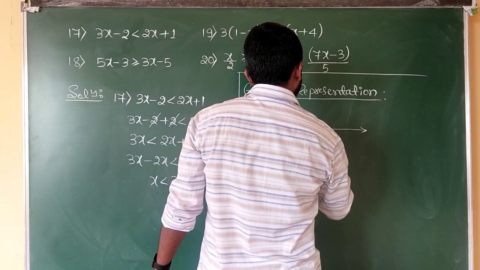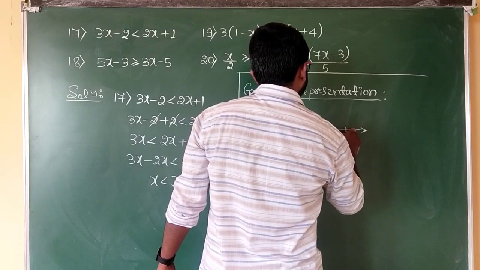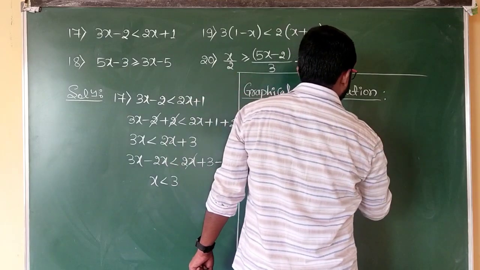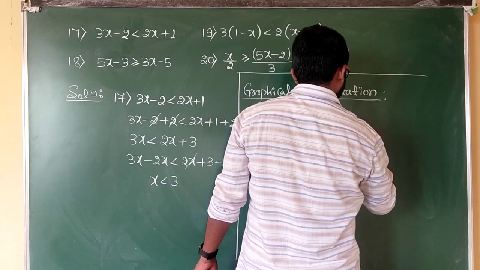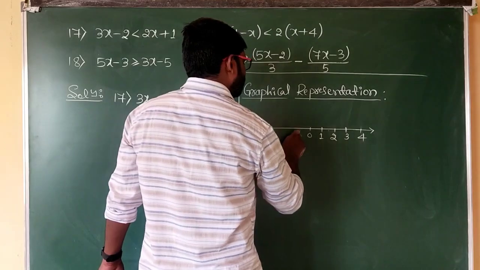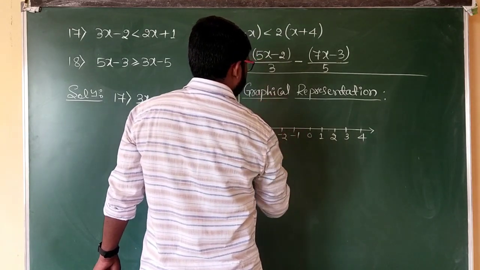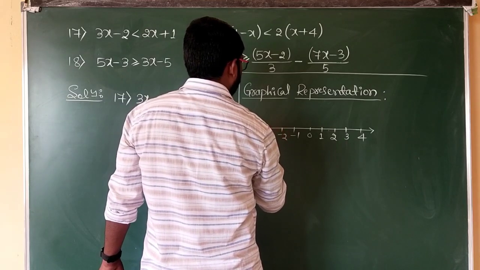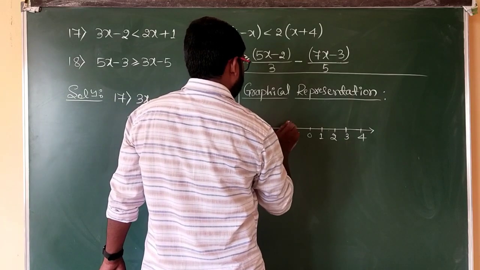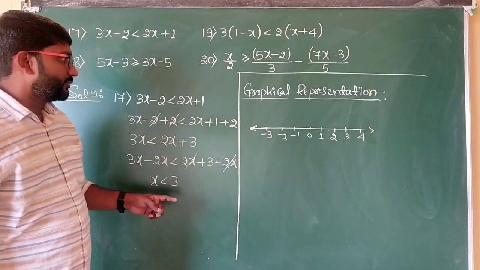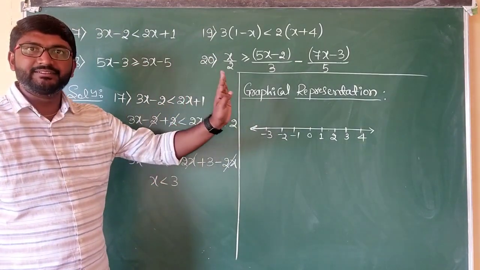So, it is 1, 2, 3 and then here we will have 4 and so on and it continues. And on this side you have minus 1, minus 2, minus 3 and so on, all the negative numbers.